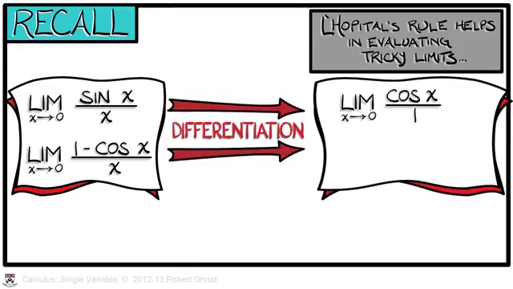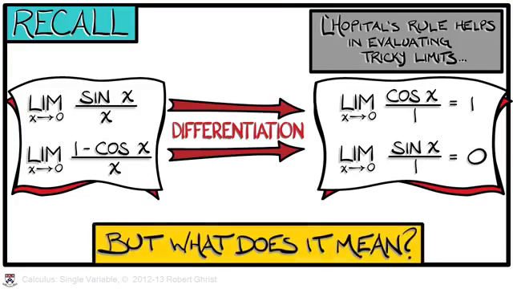The derivative of sine is cosine. The derivative of x is 1. Taking that limit gives you the correct answer of 1. Likewise, in the second example, the derivatives of the numerator and denominator give sine of x and 1, respectively, leading to an answer of 0.